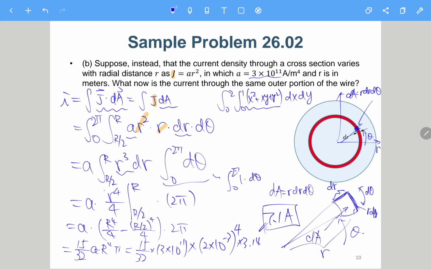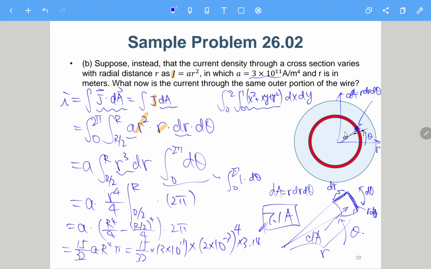Okay. Any questions? So this sample problem just lets you become familiar with how to use the definition to calculate the current from the current density.